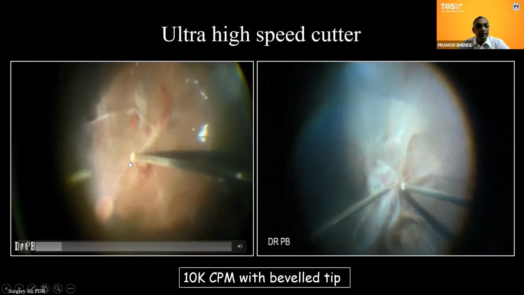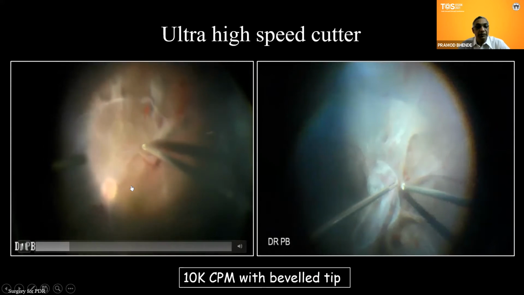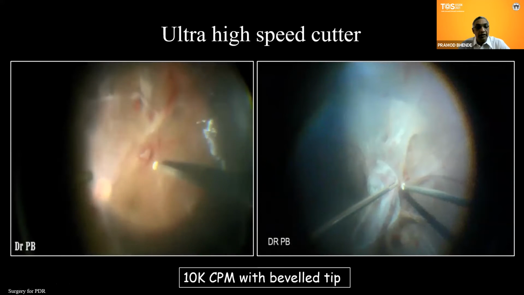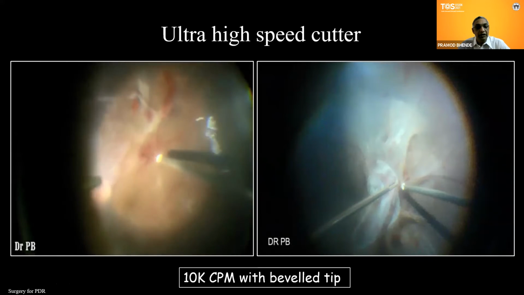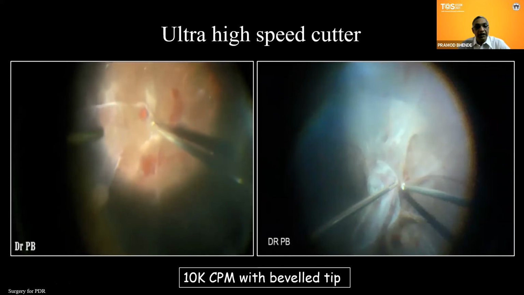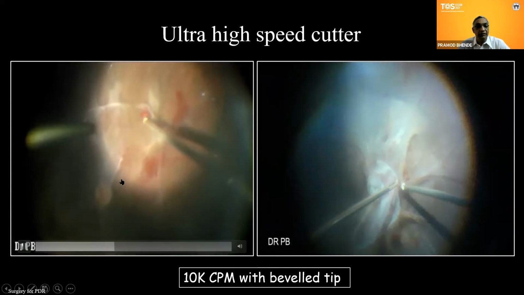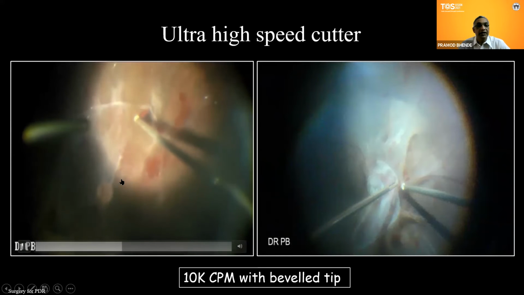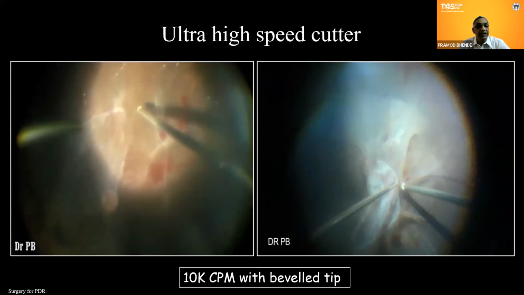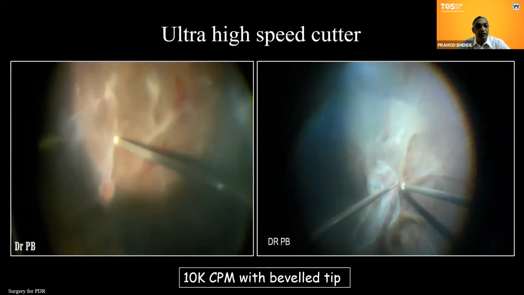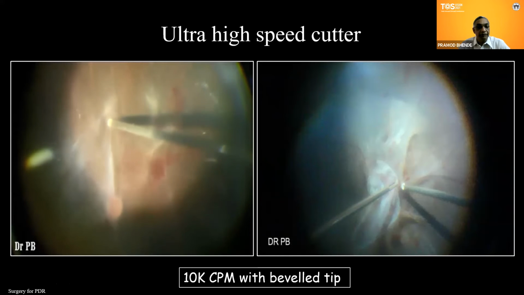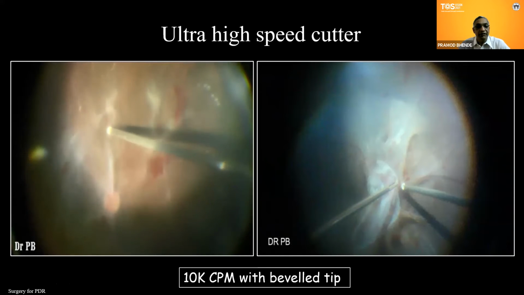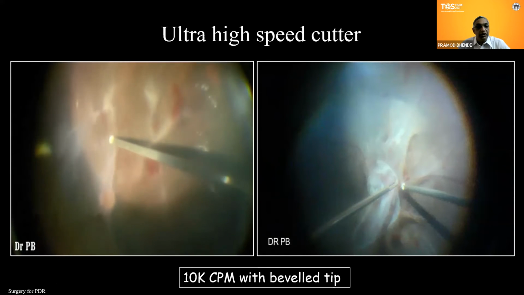Imagine here, I'm shaving the membrane over the surface of the retina, and the cutter moves so smoothly, and because of being bevel, you have enough gap, a cleavage plane, to find. As the cutter moves over the surface of the retina, you look here, practically no movement of the retina. Just a clean shaving, it goes on. And that's the beauty we are having with the bevel probe.